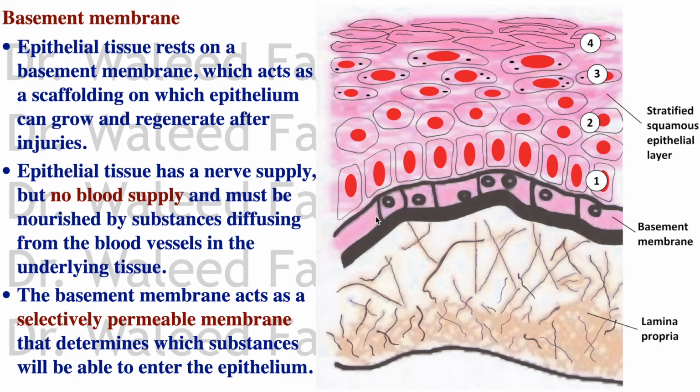And the epithelial tissues have a nerve supply, but they don't have a blood supply, so they acquire their nourishment from the underlying connective tissue by diffusing across this basement membrane. And the basement membrane is a selectively permeable membrane that determines which substances will be able to enter the epithelium.